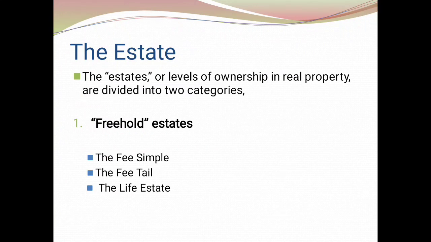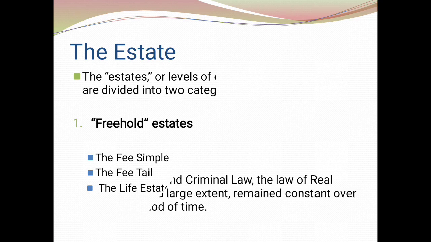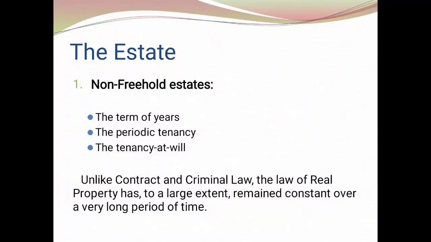In freehold estates we have three subcategories: the fee simple, the fee tail, and the life estate. In non-freehold estates we have the term of years, the periodic tenancy, and the tenancy at will. Unlike contract and criminal law, the law of real property has to a large extent remained constant over a very long period of time.